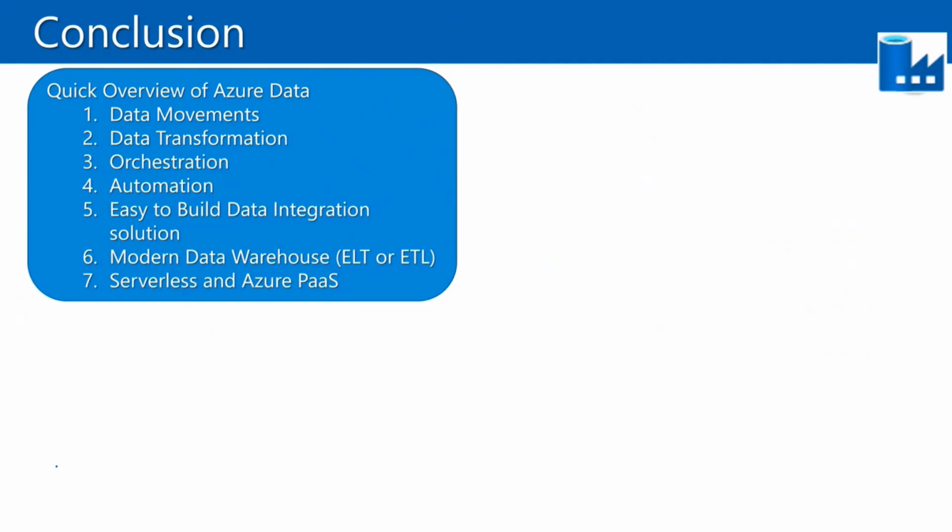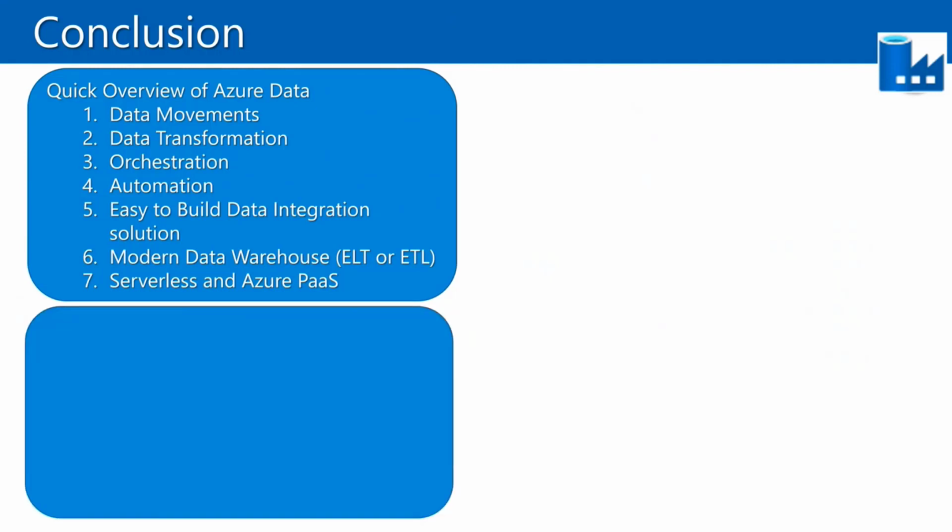Then we have seen the key components of Azure Data Factory. We have around 6 key components. First we had a linked service, which is nothing but a connection string holder and authorizes your data source. Then we have datasets, which is metadata about your data. Then we had activities, which are specific tasks or steps in your pipeline.